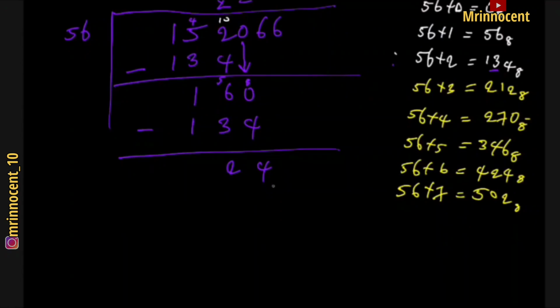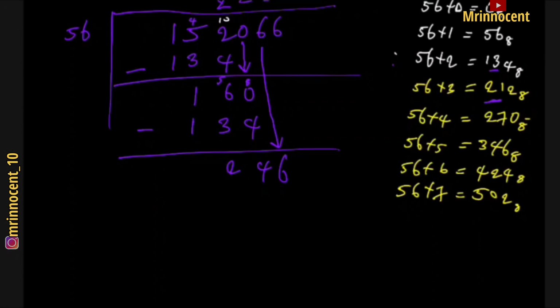56 divided by 24 cannot, bring down 6. So 56 divided by 246. You come here, look for a number that is 246 or a number that comes before 246. So you have 212, which is 3.